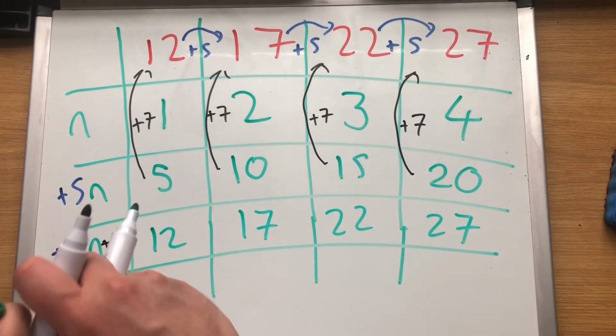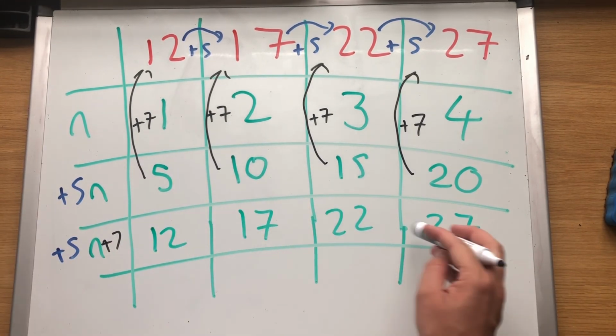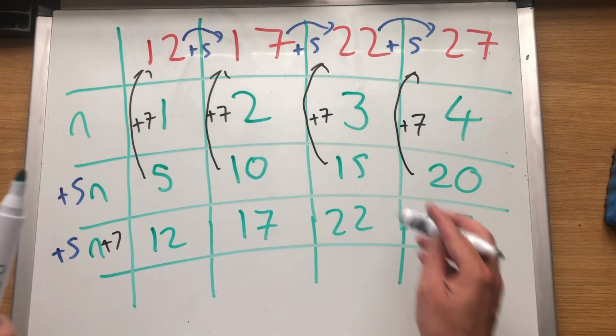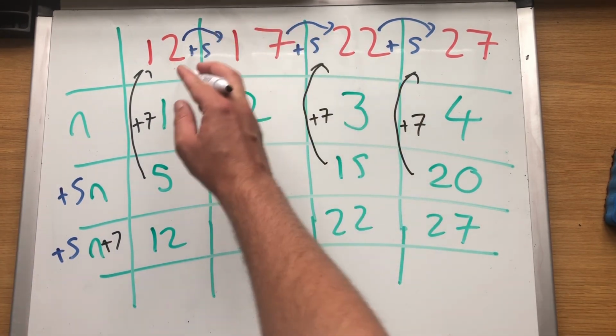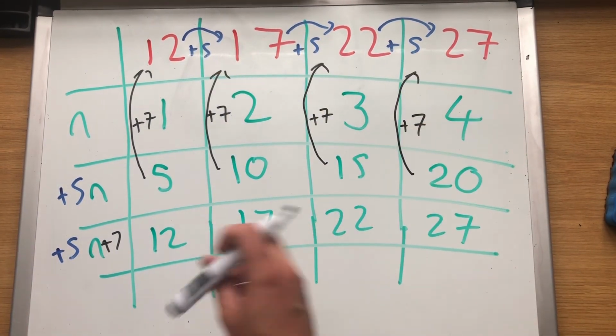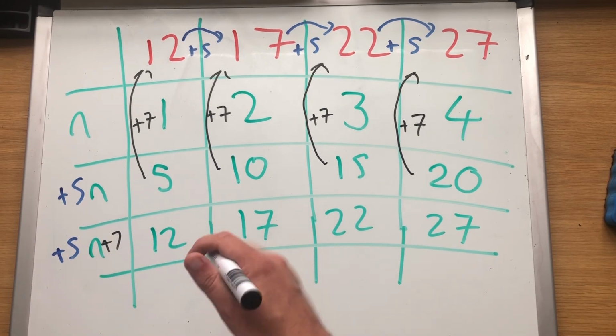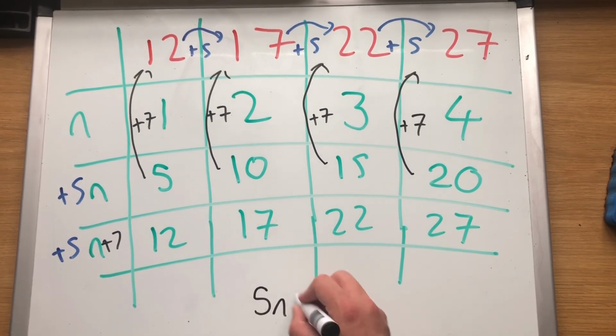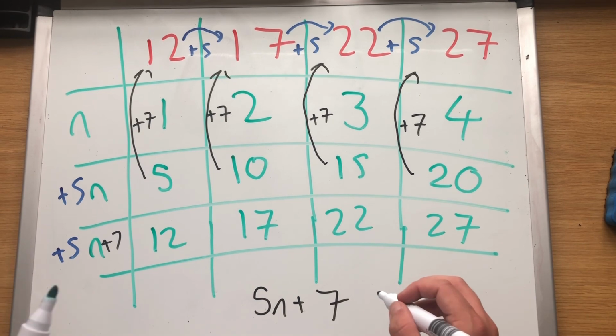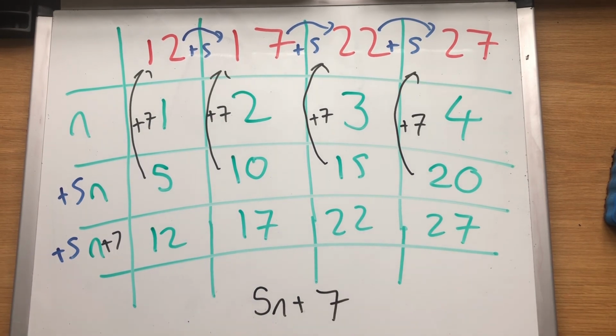And we've got our answer because this line here, 12, 17, 22, 27 is the same as this line here, 12, 17, 22, 27. So our answer for the nth term is 5n plus 7.